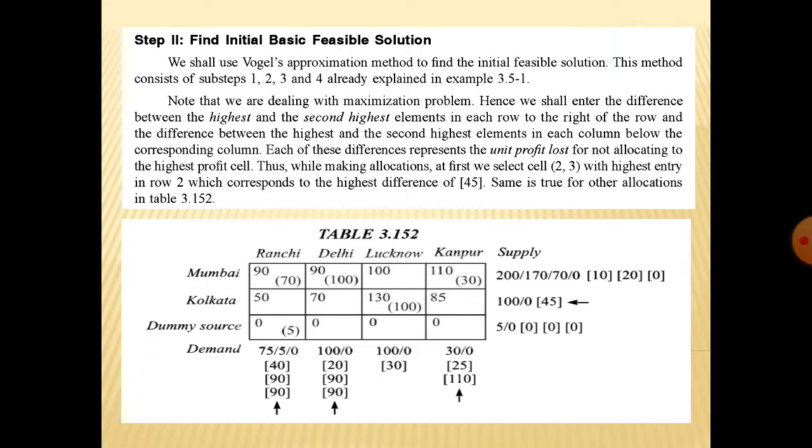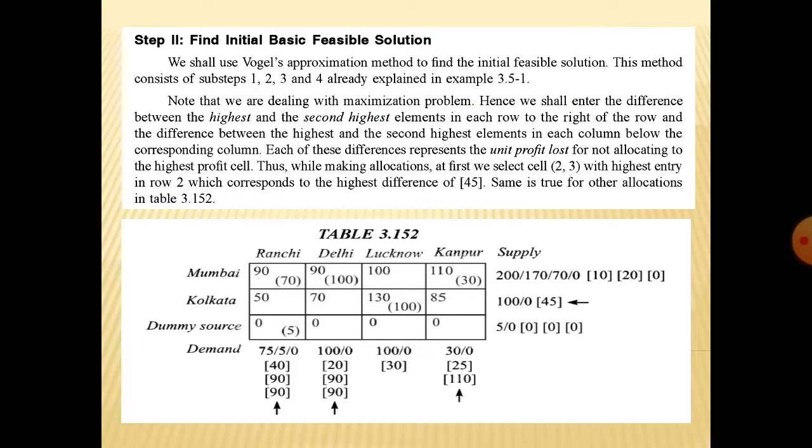Each of these differences represents the unit profit lost by not allocating to the highest profit cell. Then we make allotments. First we select the cell with the highest entry of the row and column.